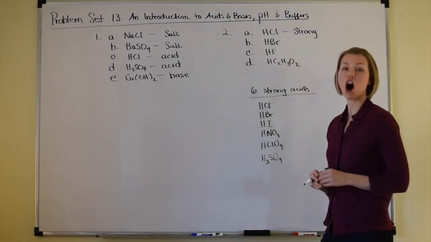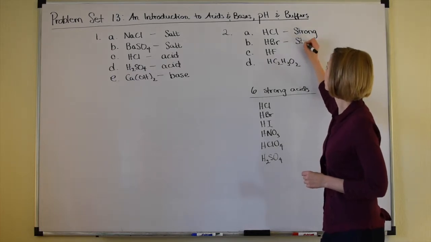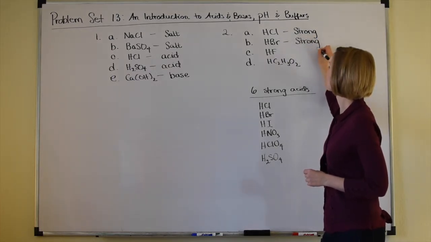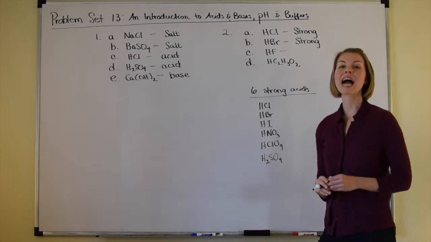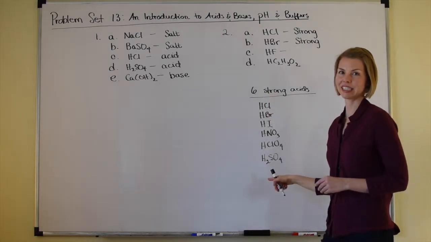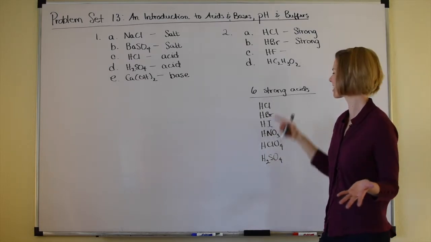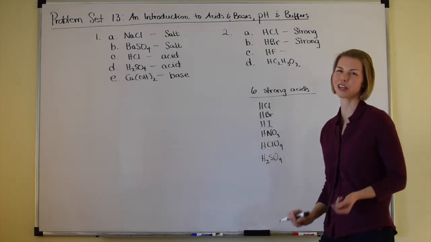Hydrobromic acid, also on our list of strong acids. So let's write strong. Hydrofluoric acid is not on the list. Maybe you have to check twice there because you kind of expect it to be there since hydrochloric, hydrobromic, and hydroiodic are on there.